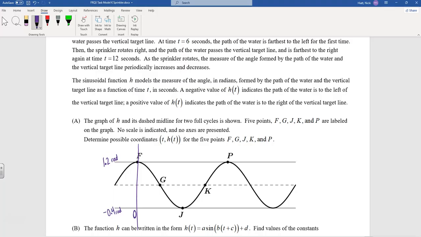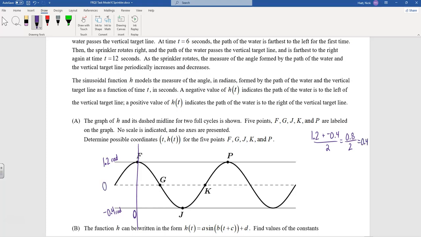What is our midline going to be? Or how would we find it? Add them together and divide by 2. So 1.2 plus negative 0.4 divided by 2, that is going to be 0.8 divided by 2, which will give us 0.4.